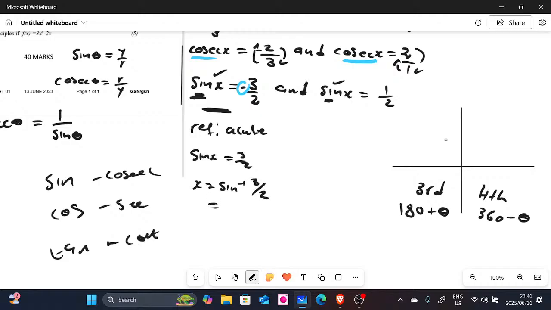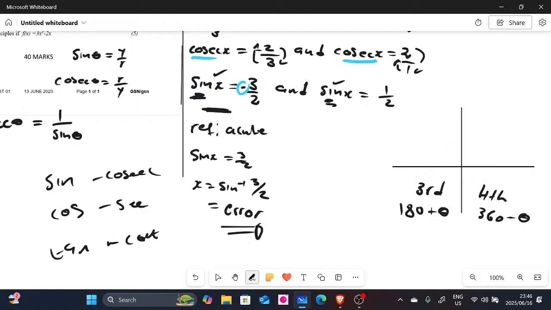And then what do we get? What is arc sine 3 over 2, guys? So I'm going to take my calculator. Arc sine 3 over 2. Here we go. It's an error. So if it's an error, we do not have the angle here, guys. So you leave it like that.